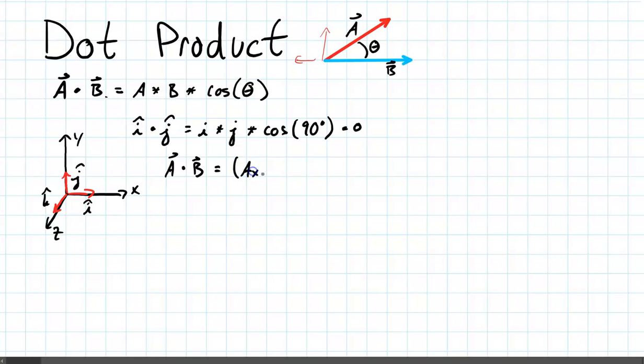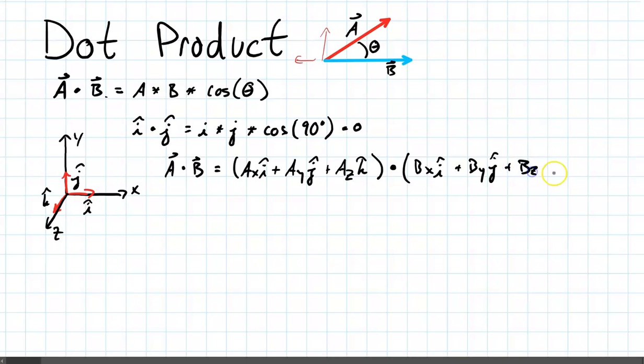So we have AX in the I direction plus AY in the J direction plus AZ in the K direction, dotted with BX in the I direction plus BY in the J direction plus BZ in the K direction.